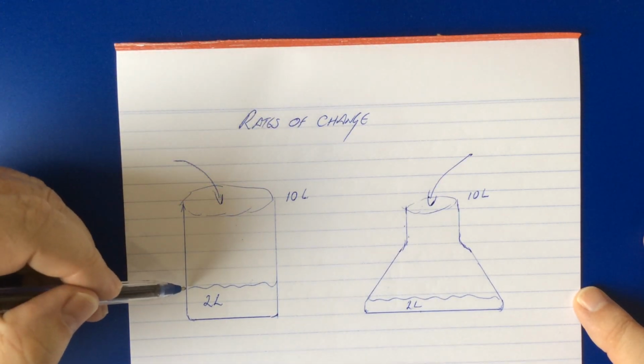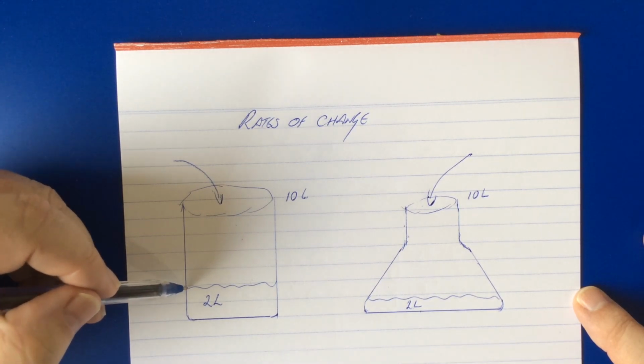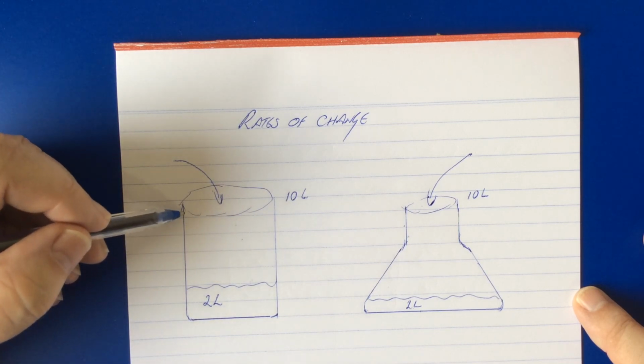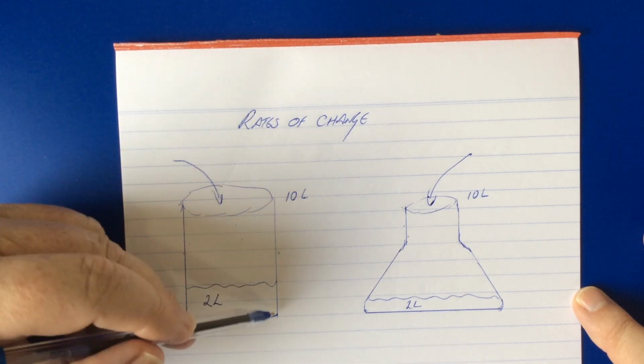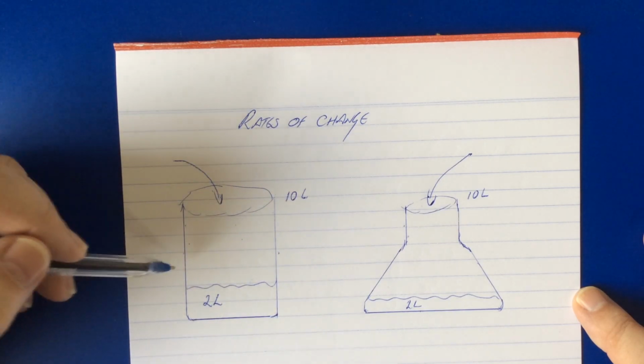And what you're hopefully instinctively going to realize is that the liquid in this is going to rise at a constant rate because the sides are the same distance apart all the way up.